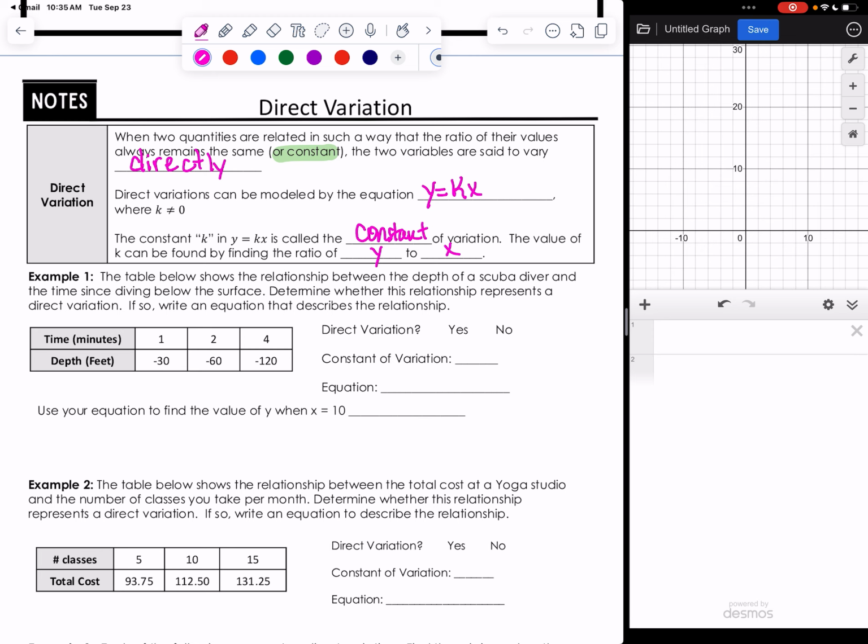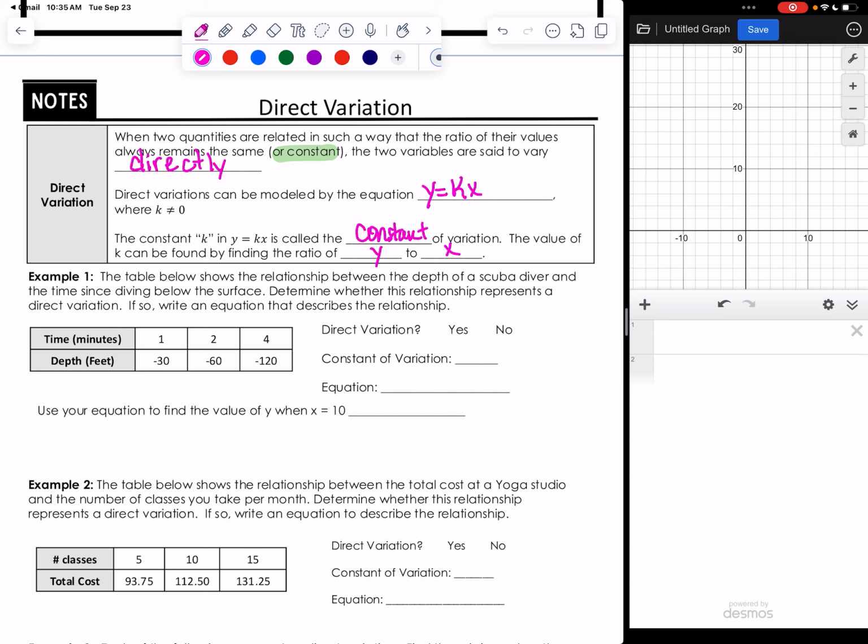Let's look at an example. The table below shows the relationship between the depth of a scuba diver and the time since diving below the surface. Determine whether this relationship represents a direct variation. If so, write an equation that describes this relationship.